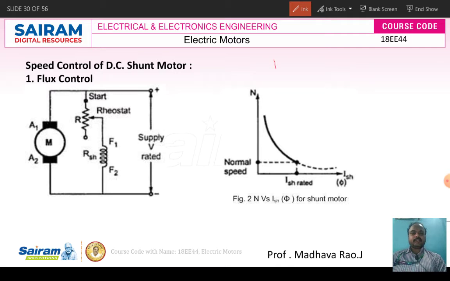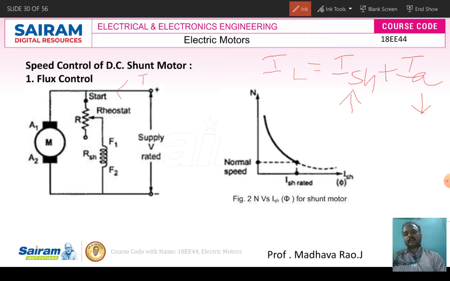The relationship between line current and field current is IL equals ISH plus IA. When the field current is increased, armature current will be decreased. Always line current will be constant. The line current is IL, the field current is ISH, and this is the armature current.